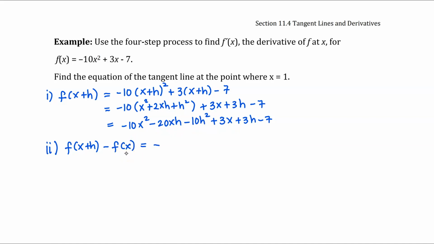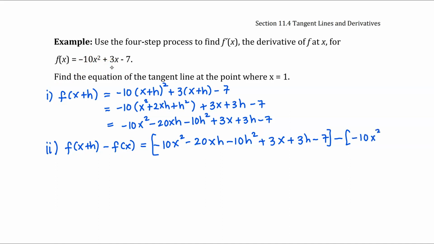So you have -10x² - 20xh - 10h² + 3x + 3h - 7, and subtract this by f(x). This is your f(x): -10x² + 3x - 7.